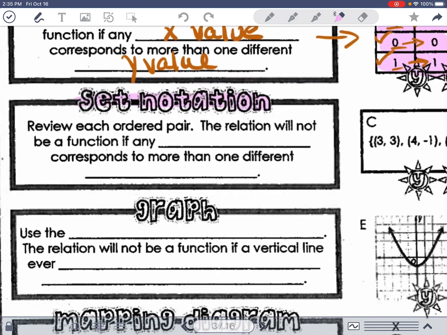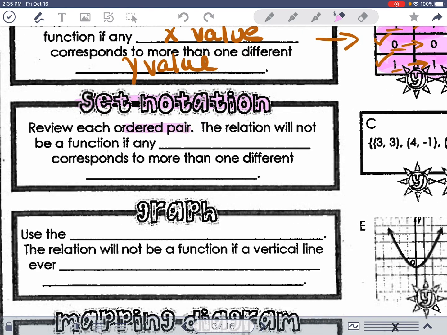The relation will not be a function if any x value, or x coordinate, corresponds to more than one different y value.